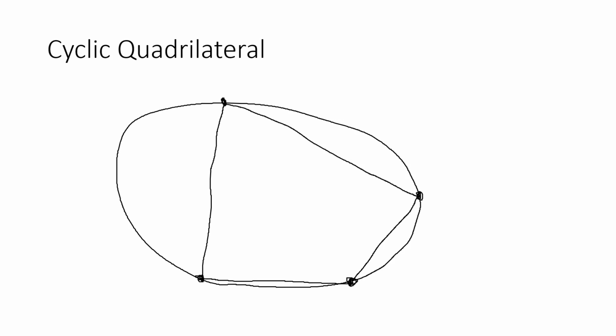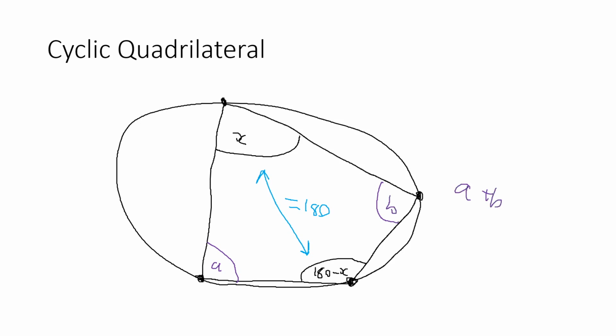If this is x, then this angle here will be 180 minus x. Do you understand? The whole point is that these two added up will equal 180. So let's say if this were A and this were B, we can say that A plus B is equal to 180 degrees, okay?